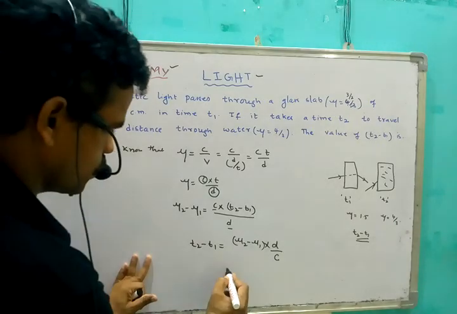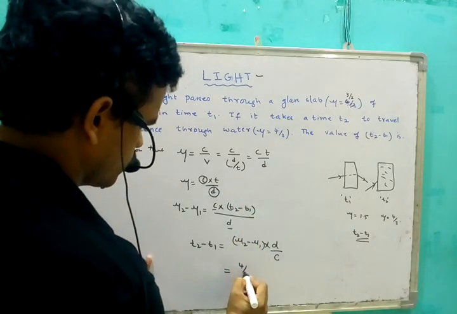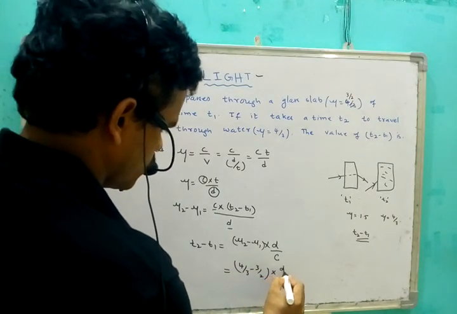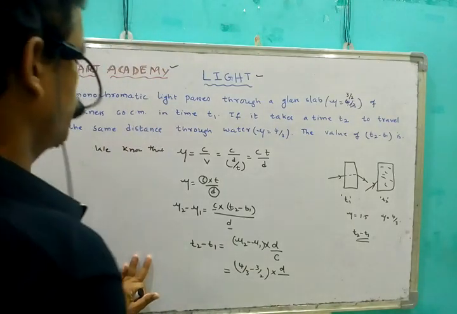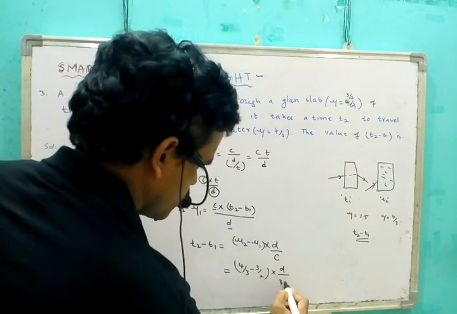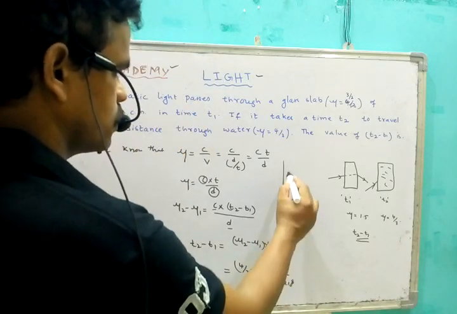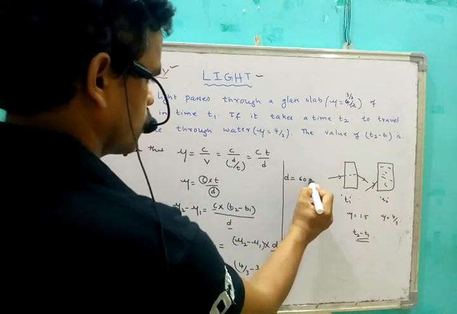See here, mu2 minus mu1. Mu2 take 4 by 3 minus 3 by 2, into D by C. C is equal to 3 into 10 power 8 meter per second. Already we have the thickness of the slab equal to 60 centimeter.